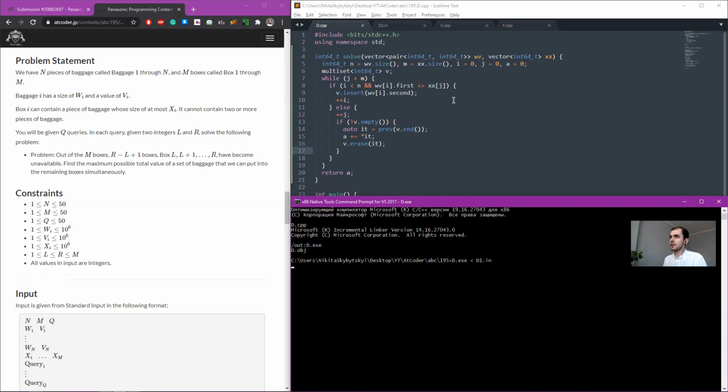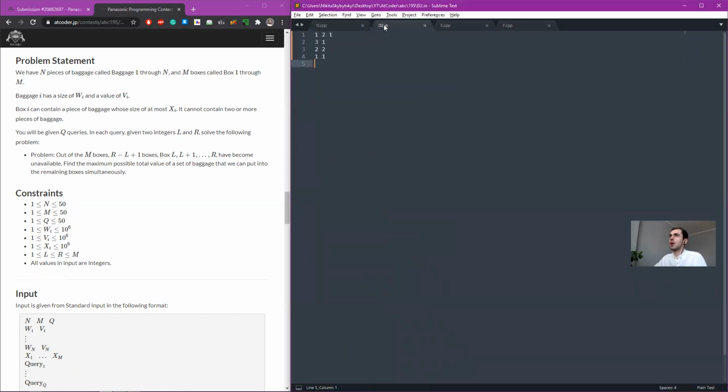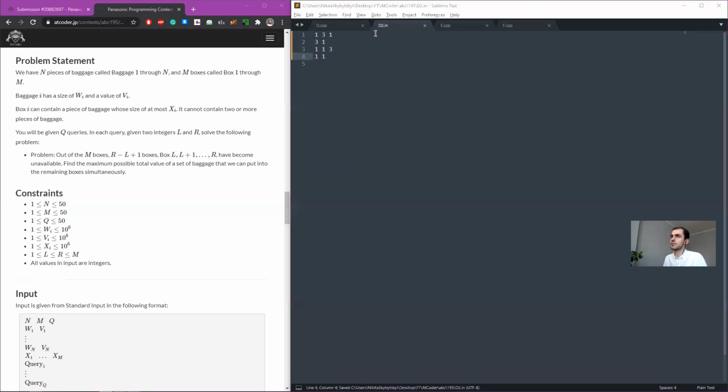So it does not break the first test case, but, because, okay, yeah, we're going to need 3 bags, I believe. One of them can fit it, the other one can't, and we ban the second one and the first one. Whatever.